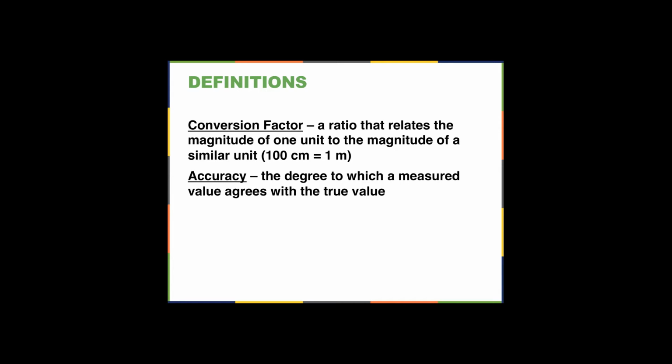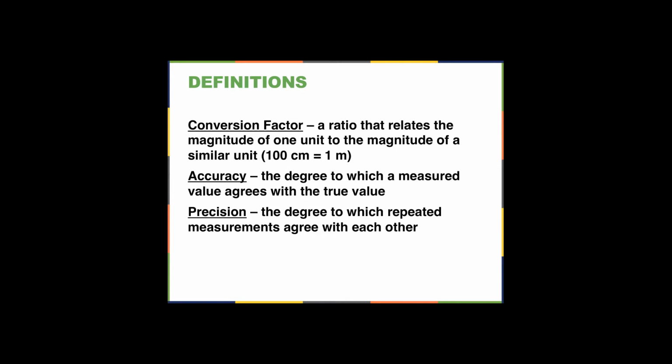On the other hand, precision is the degree to which repeated measurements agree with each other. Notice it doesn't have anything to do with the true value. So a measuring device can be extremely precise and inaccurate at the same time, or can be accurate but imprecise.